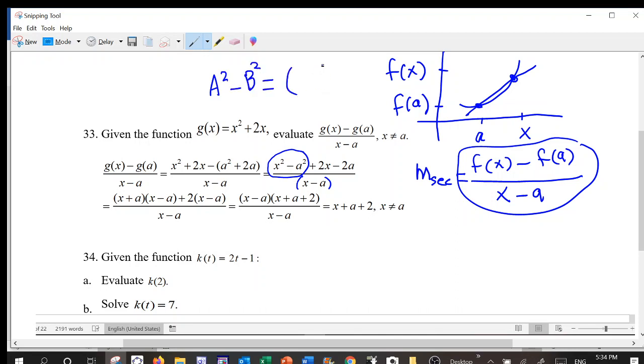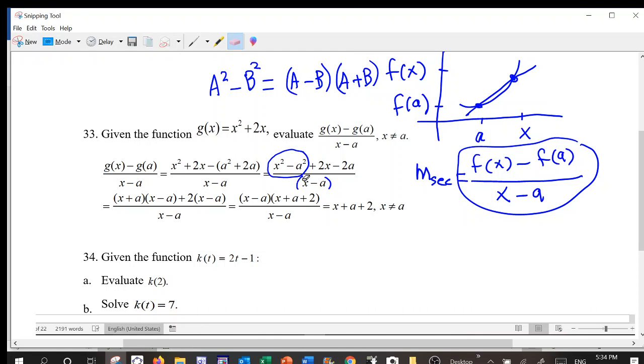What do we call this? Did you say identity? Yes. We have an identity, the difference of two squares, and it looks like this. Here we have x squared and a squared, so that's x minus a times x plus a.